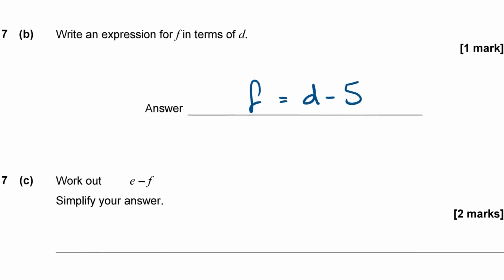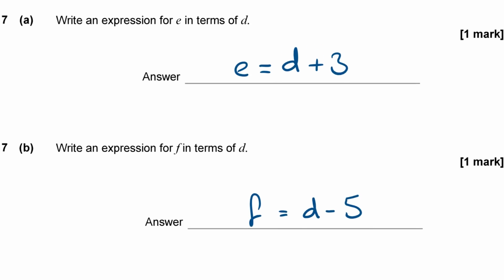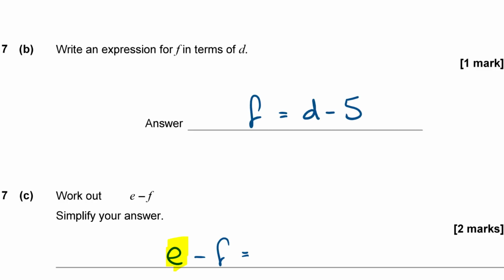And then the last part says, work out E minus F. Okay, we want to know what E minus F is. Now we've just worked out an expression for E. It's up here, look. D plus 3. So our E here, I can replace down here as D plus 3.